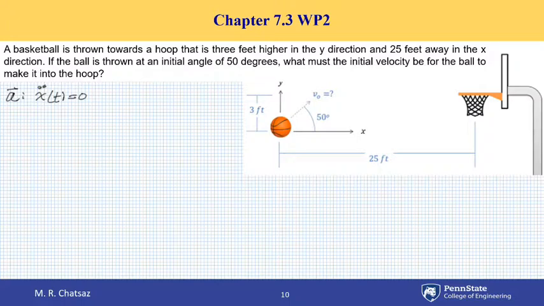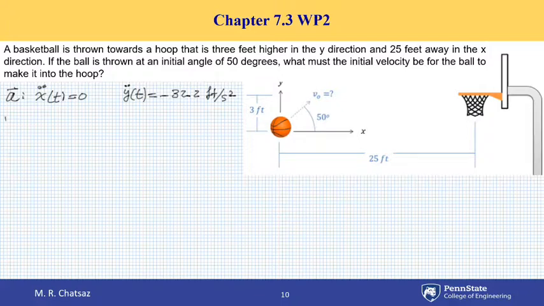In y direction, there is an acceleration due to pull of gravity, so I'll write y double dot equal to, since this is a US unit problem, g is minus 32.2 feet per second squared, and it is negative because it is pulling down.